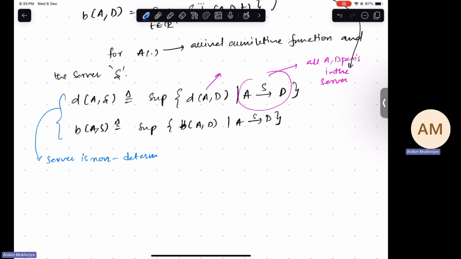So to find the worst case, among all the possible departure cumulative functions for the given arrival function of the server, you find the maximum delay that the AD pair sees, right? If it is a deterministic server, then given a cumulative arrival function, you'll always know what the departure cumulative function is. If it is deterministic, then both of them are the same, right?